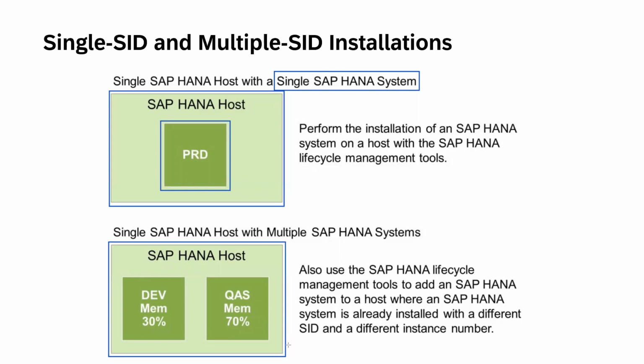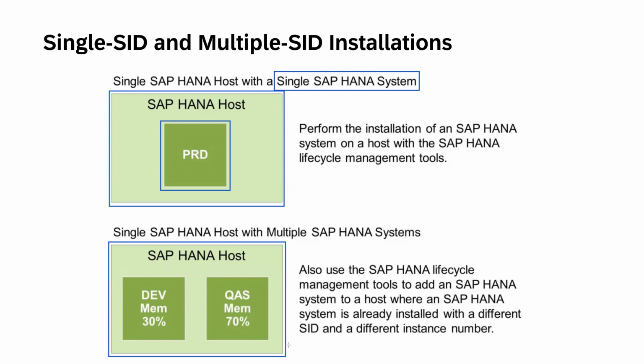You might install a dev system and a quality system in the same appliance. You might buy two appliances of, for example, 1 TB each. On one appliance, you'll only install one production HANA instance. On the second appliance, you will install development as well as quality, both on the second appliance.